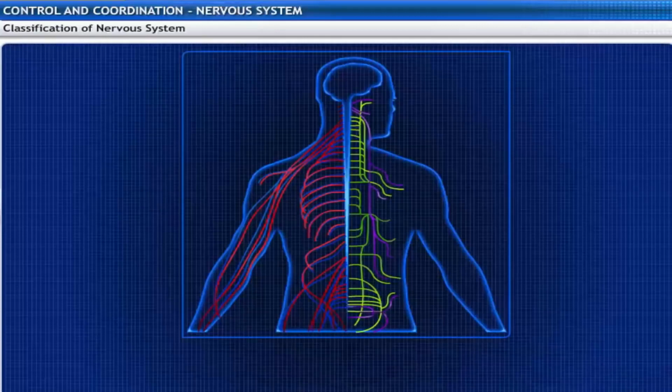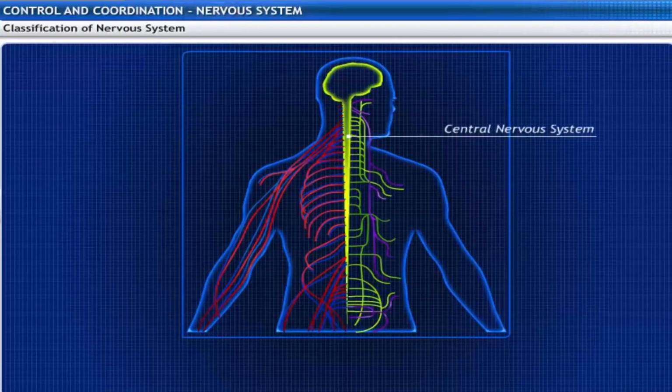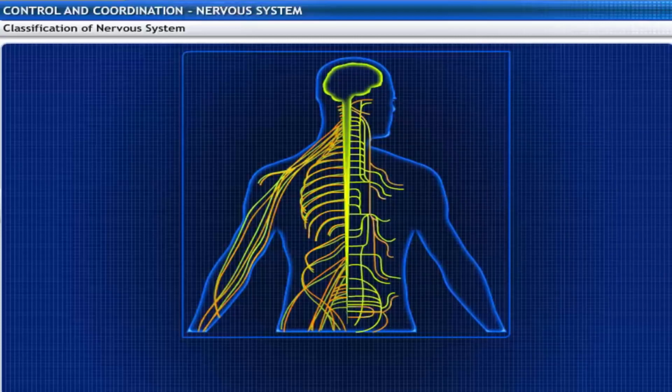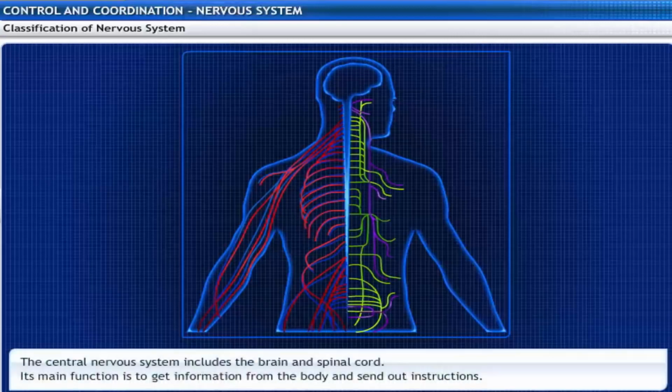The nervous system is divided into two systems, the central nervous system and the peripheral nervous system. Both these systems are connected and function together. The central nervous system includes the brain and the spinal cord.